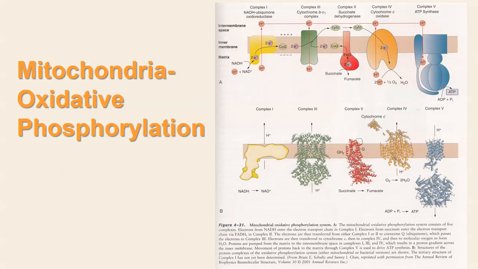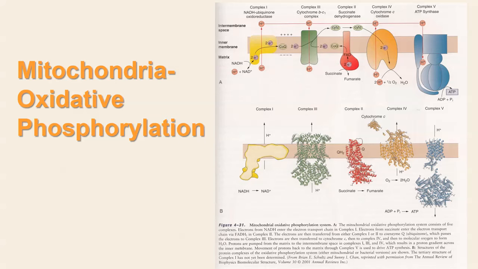Just to show you, here it is. This is the inner membrane, and this is the space between two membranes above. Look, electrons produced by the citric acid cycle are used to run the pumps. You see these pumps. These are known as complex 1, complex 3, complex 2, and complex 4. These electrons will run the pumps, and these pumps will pump hydrogen ions from inside of the mitochondria into the space between the membranes.